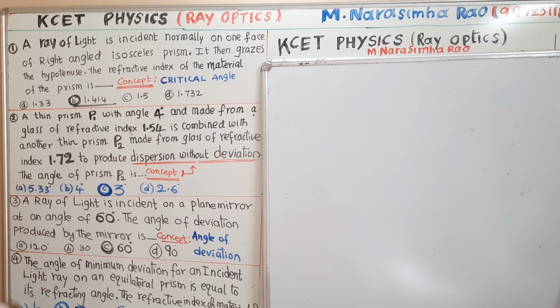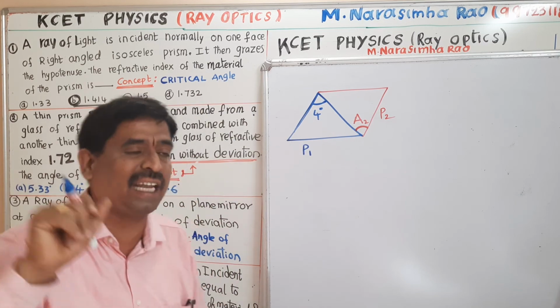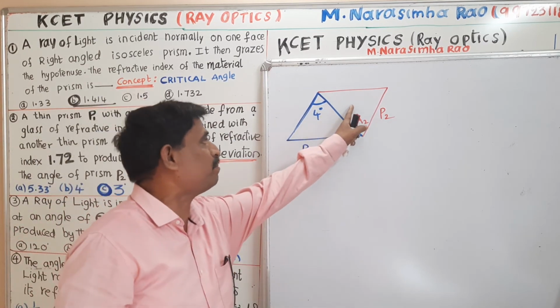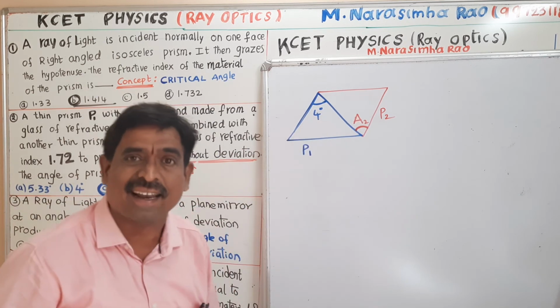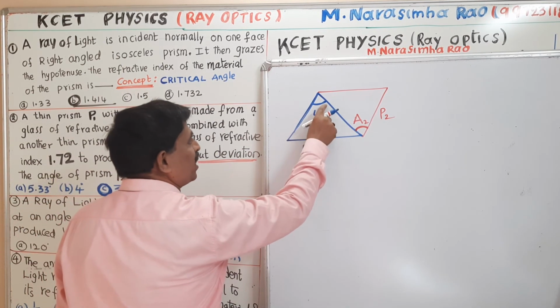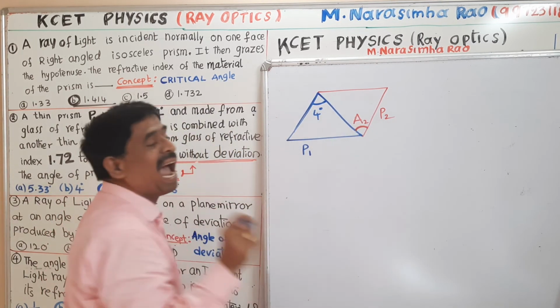The angle of the prism is to be found. We have to join the two prisms in opposite manner. Angle of the first prism is given as 4 degrees. Angle of the second prism A2 we have to find.